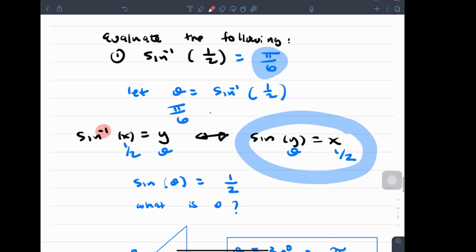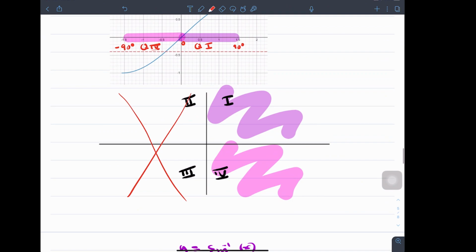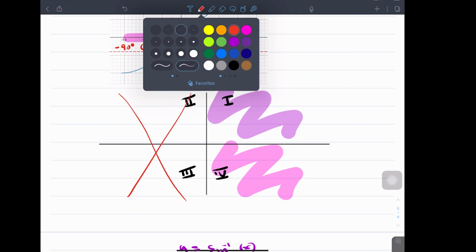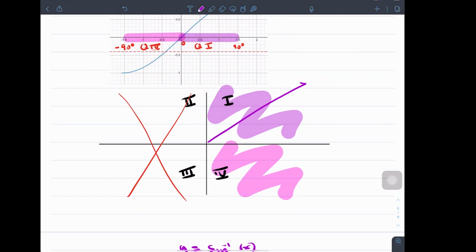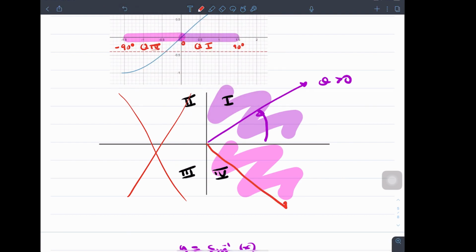You say, why? Because of that picture we've been looking at. So remember, this here is your reference angle. Theta is positive here, and then you have to rotate in the other direction. You're rotating in that direction, and theta is negative.